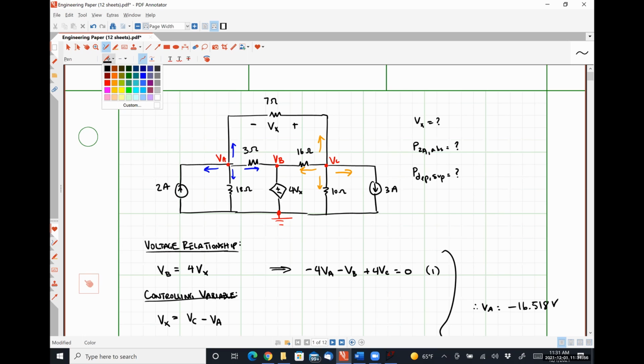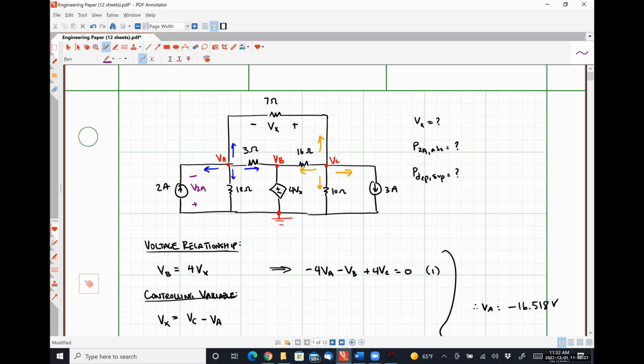So I'm going to call this voltage V 2 amps, right? So that the voltage drop over the 2 amp source is oriented in such a way that the current flows into the positive polarity terminal and out the negative polarity terminal, so that V2A times 2A gives me this power. That makes sense. I'm just using the passive sign convention.